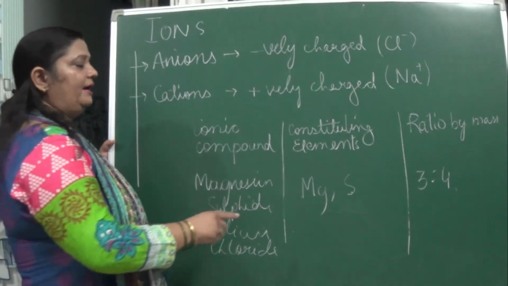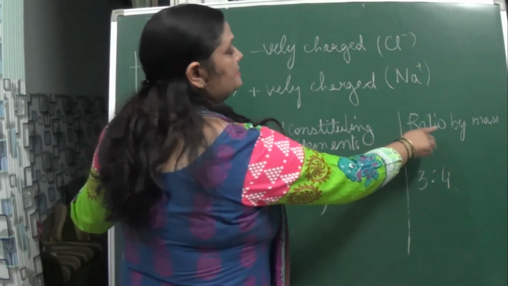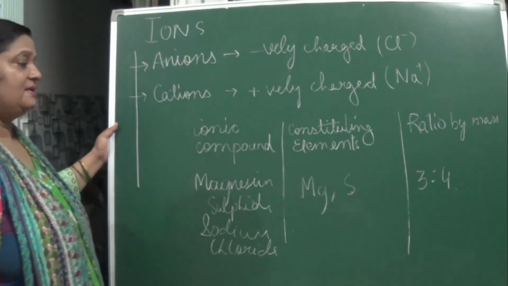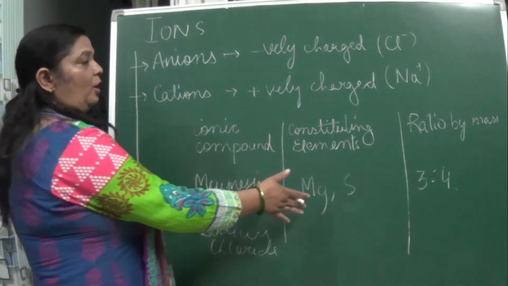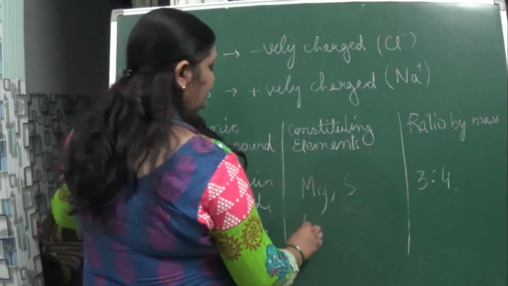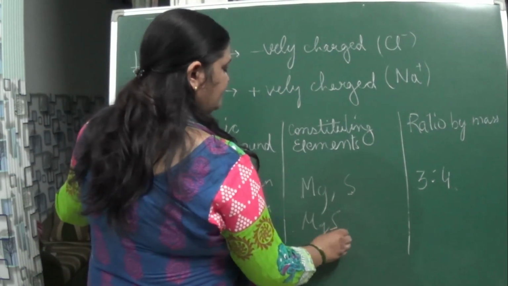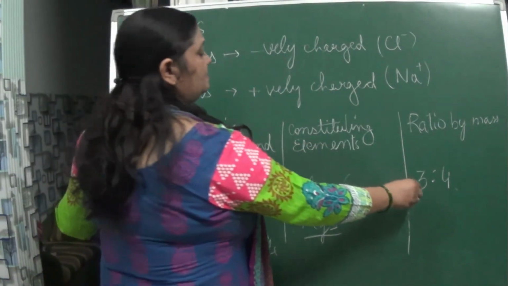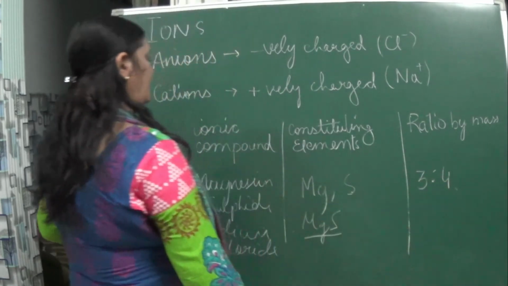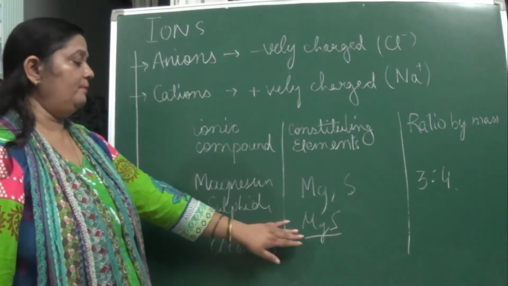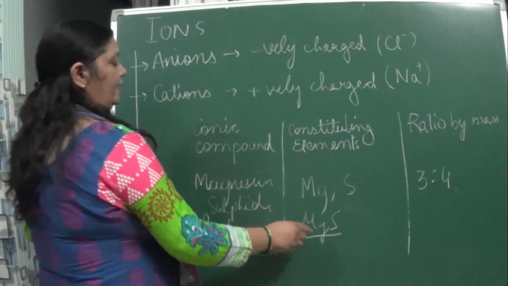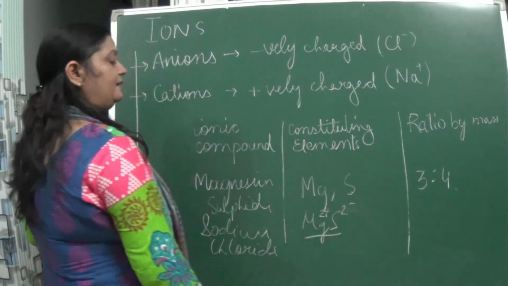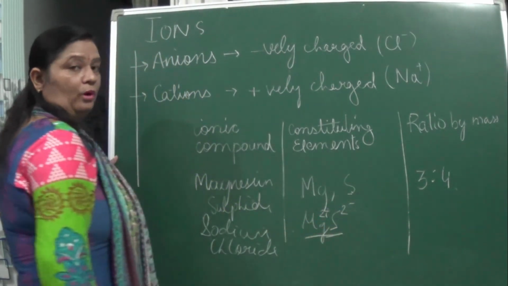Here it is present in the ratio of 3:4 by mass. How will we write magnesium sulfide? It is MgS. Here this is an ionic compound because magnesium will acquire a plus 2 positive charge and sulfur will acquire a minus 2 negative charge after the chemical bond formation.